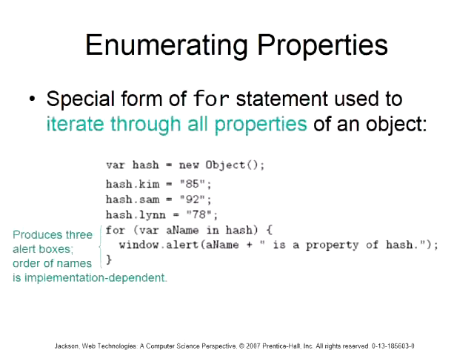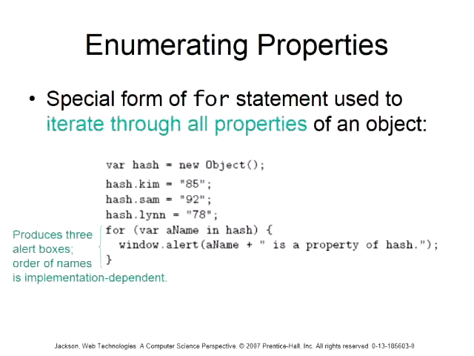There is a special form of the for statement used to iterate through all properties of an object. If we have an object with many properties and we want to iterate through all properties of this object, we can use a special form of the for loop.